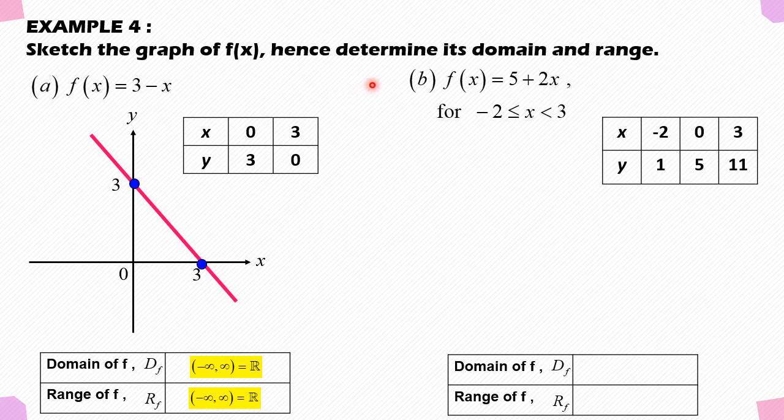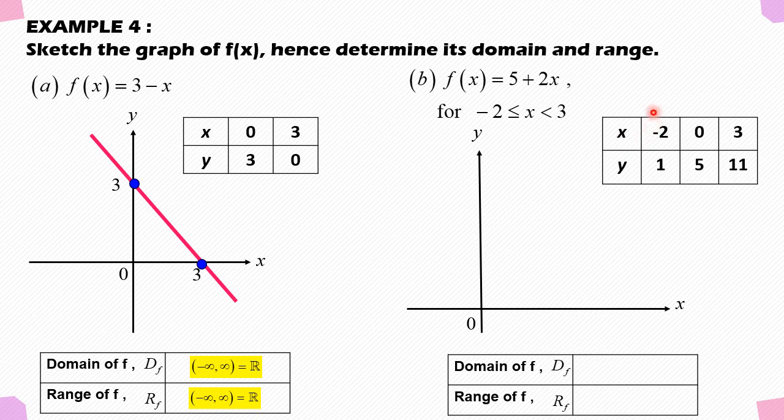For the second example, B, f of x equals 5 plus 2x, but for this question, the value of x is restricted to between negative 2 and 3 only. Before we sketch the graph, we need to find some values of x and y to plot on the graph.